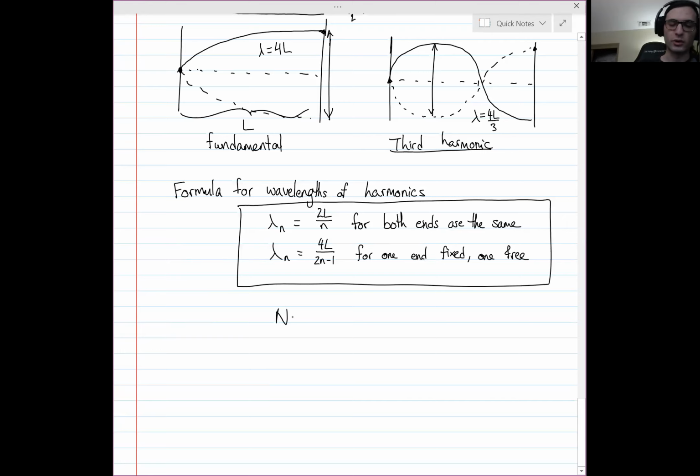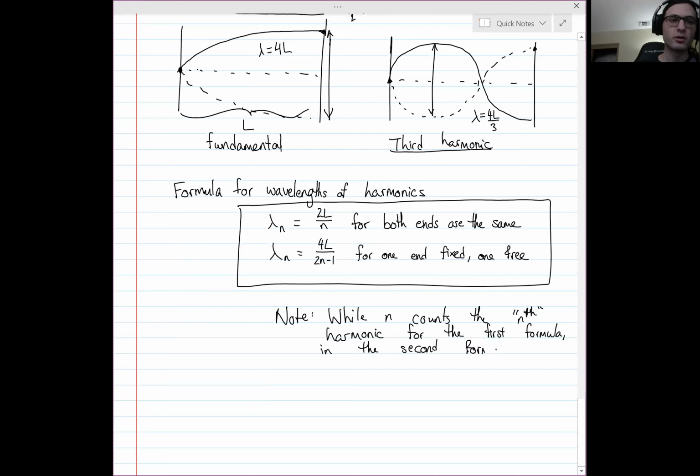So just as a quick note, while n counts the nth harmonic for the first formula, in the second formula, n describes the, I'm going to put this in quotes, 2n minus 1th harmonic for integers n.